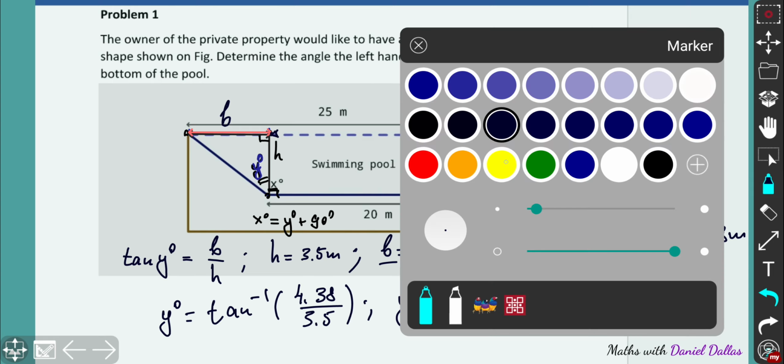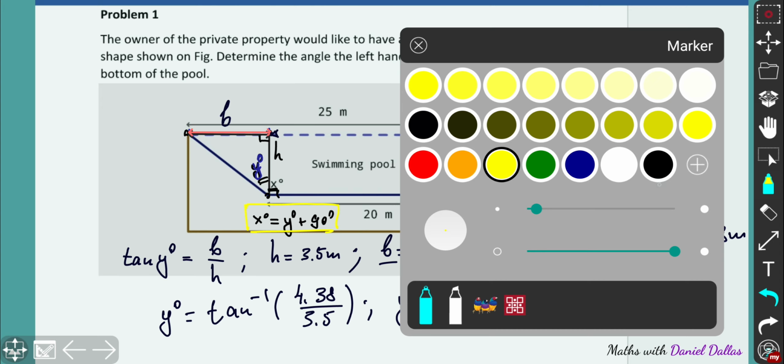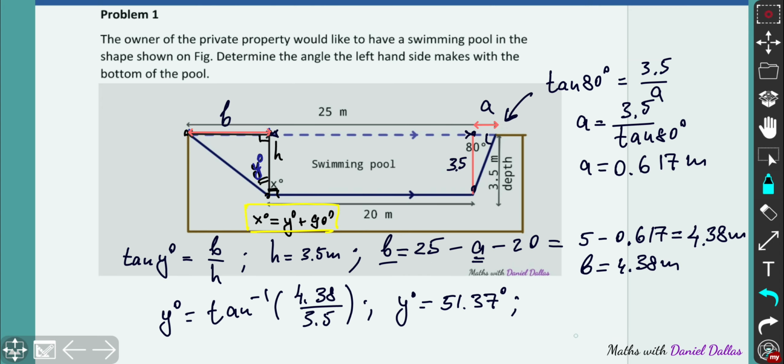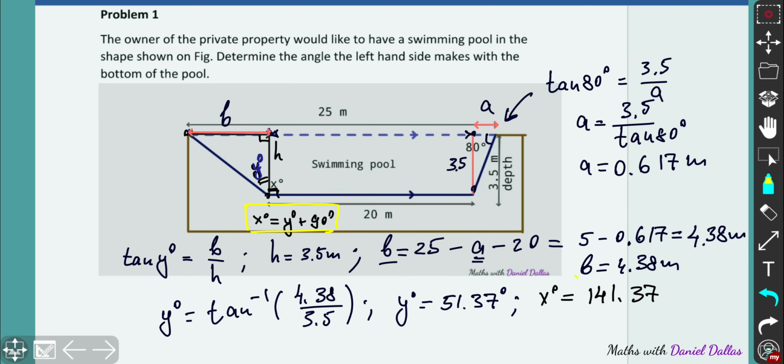Just remember, we already expressed that: angle x is y, 51.37, plus 90, which gives 141.37. That's the final answer for angle x.